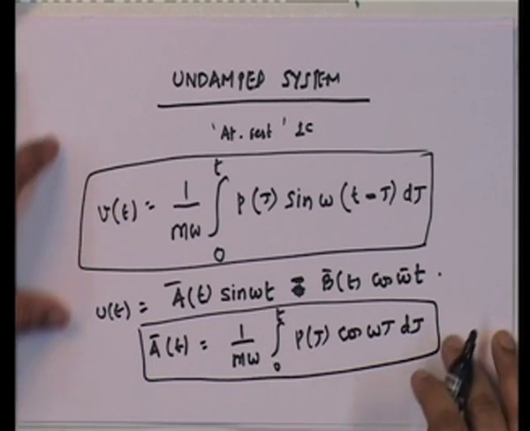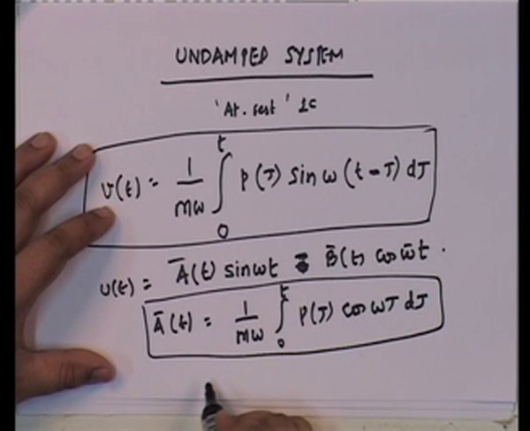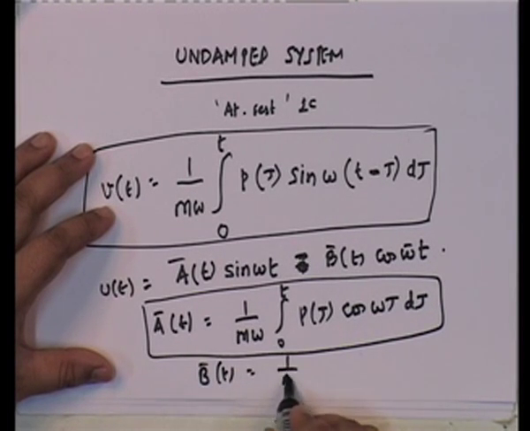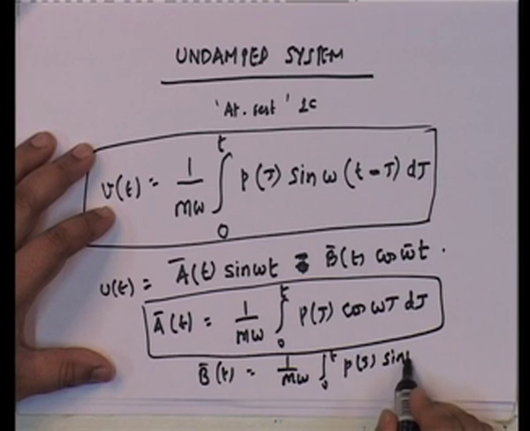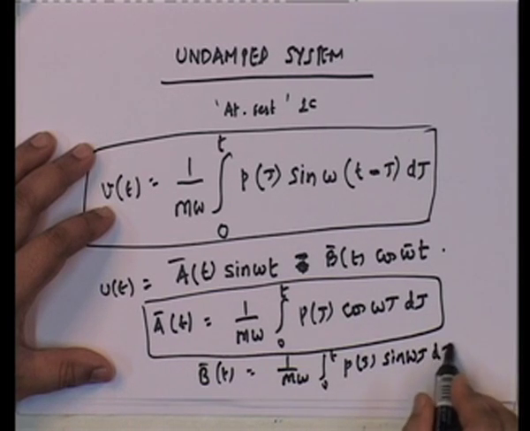And similarly, you have b bar of t becoming 1 upon m omega, integral from 0 to t of p of tau sin omega tau d tau.